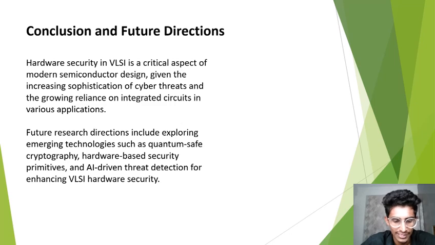During the manufacturing process, this is to prevent reverse engineering and cloning and hardware Trojans, detecting and mitigating malicious modifications. Next, runtime security, which deals with side channel attacks and fault injection attacks.